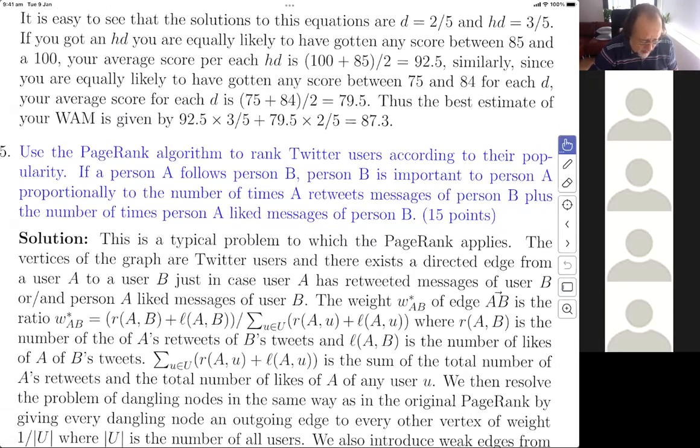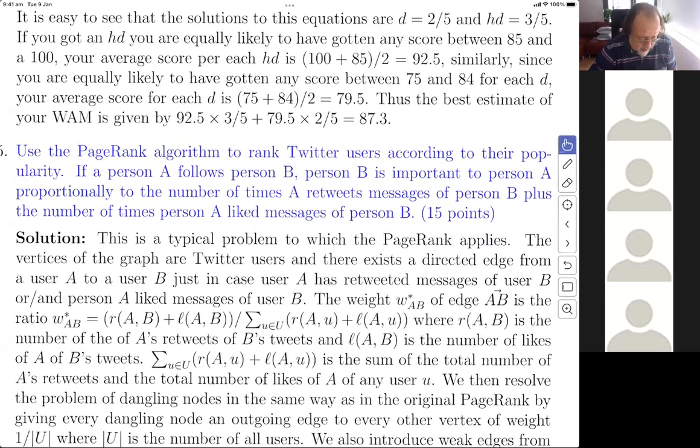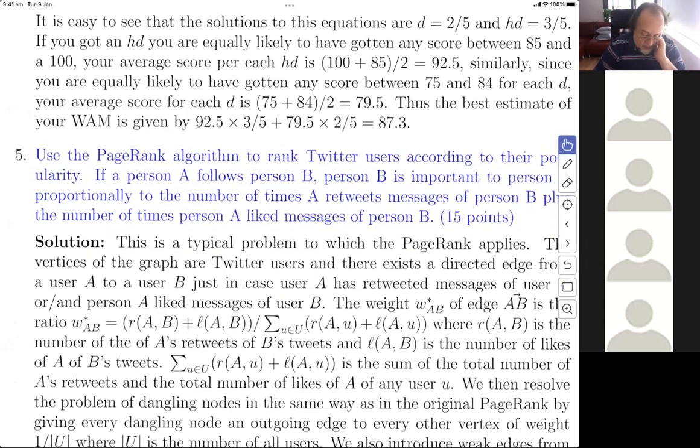Right, so it's a typical problem involving Markov chains, and I'm just testing you that you understand how stationary distributions for the states and the transition probabilities are connected, right? So that's problem number 4.